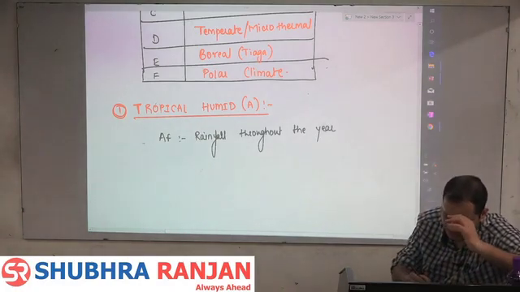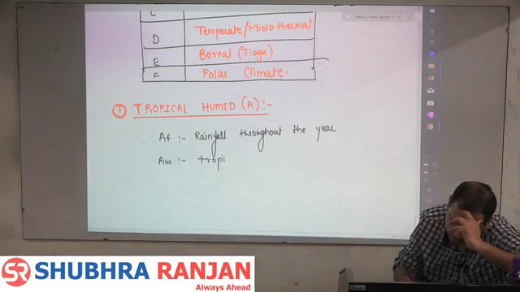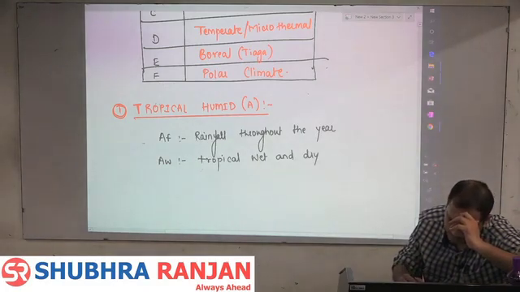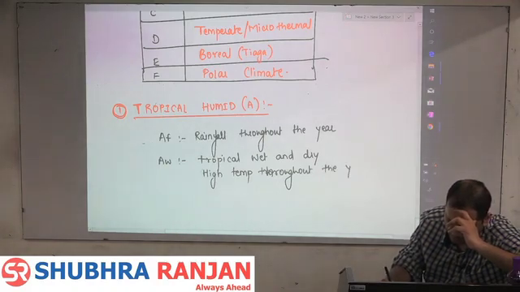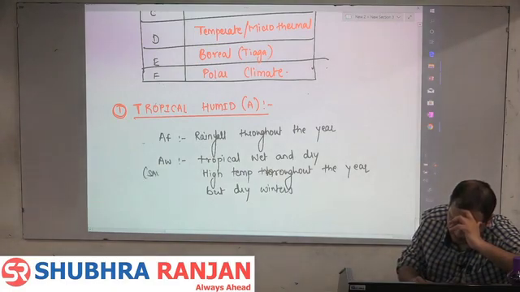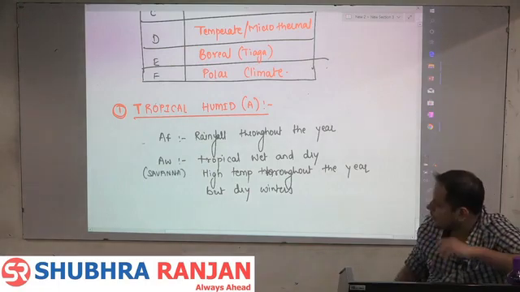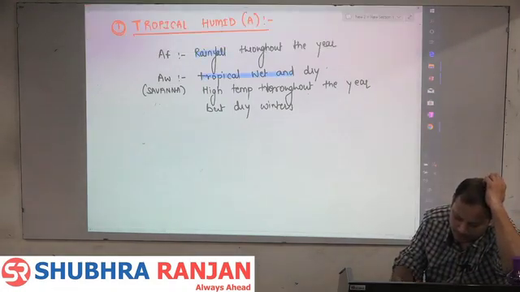Why? Equatorial regions, AW. याद रखना प्रीलिम्स के लिए ये पॉइंट, ट्रॉपिकल सवाना इज नोन एज ट्रॉपिकल वेट एंड ड्राई क्लाइमेट.